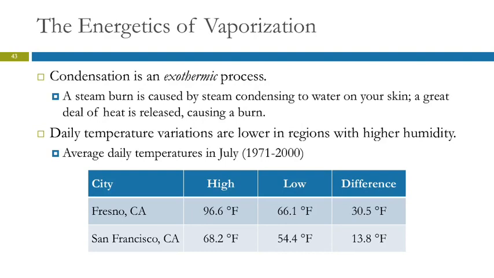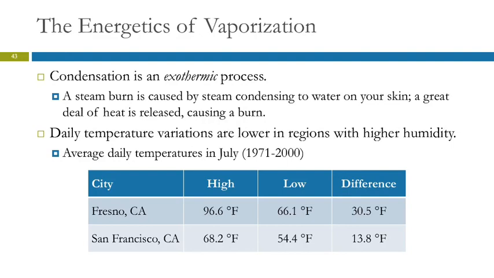Vaporization and condensation are a big part of our climate. If we compare Fresno and San Francisco, I mean, we're roughly the same distance from the equator, so it's not that we're at different latitudes or anything. Here's average high temperature in Fresno, and this is July, years 71 through 2000. So average high in Fresno in July, 96.6. Average high in San Francisco, 68.2. Right?